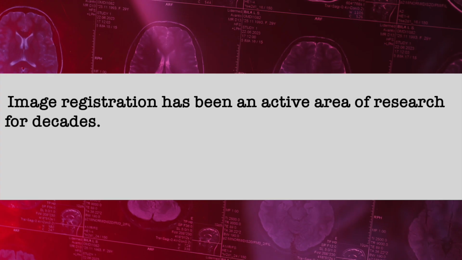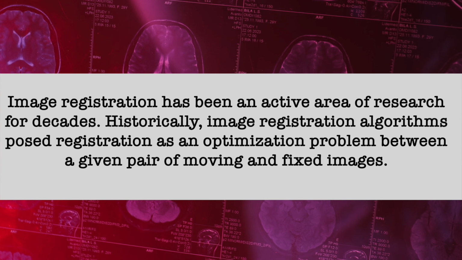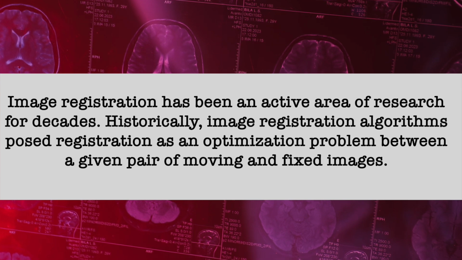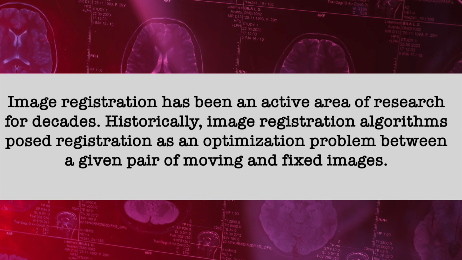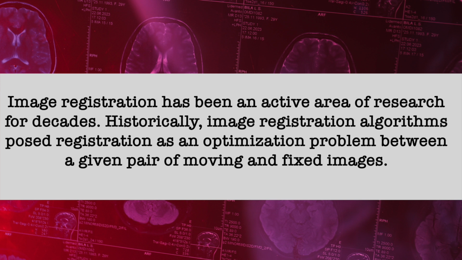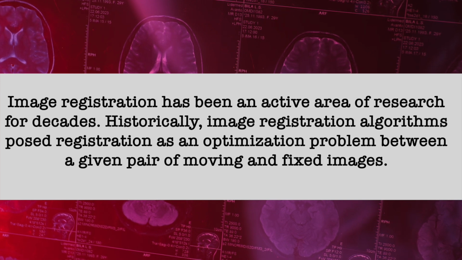Now, classical versus learning based methods. Image registration has been an active area of research for decades. Historically, image registration algorithms posed registration as an optimization problem between a given pair of moving and fixed images.